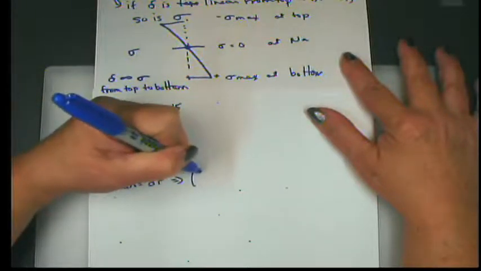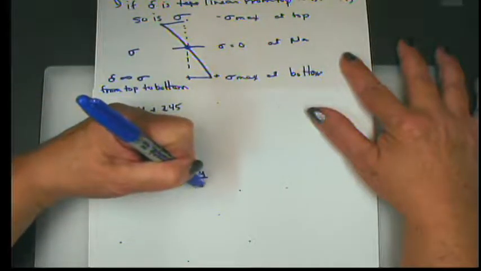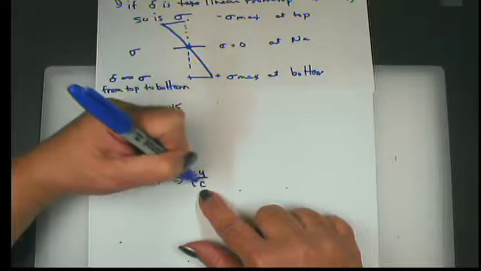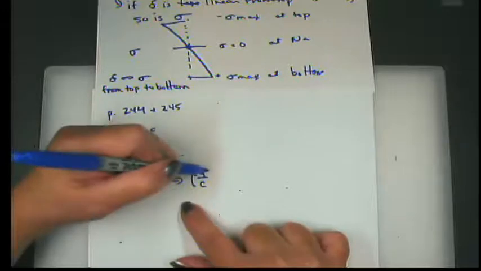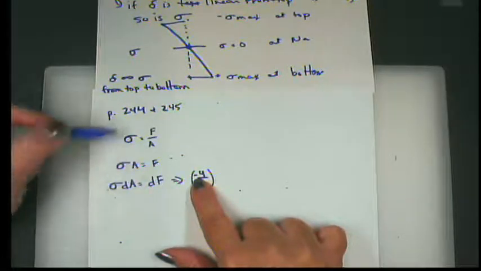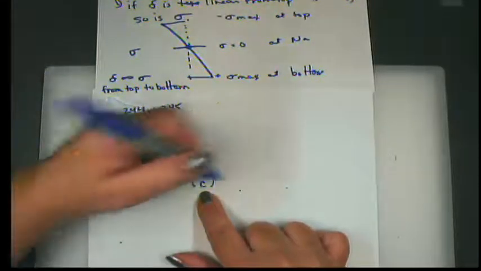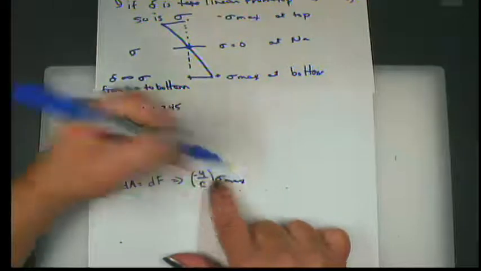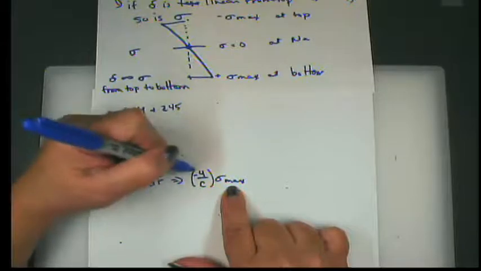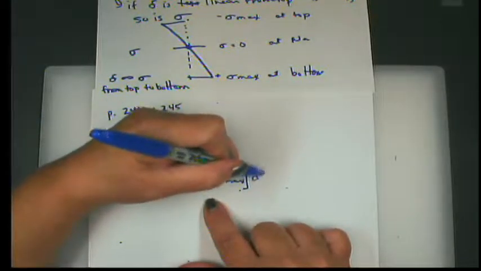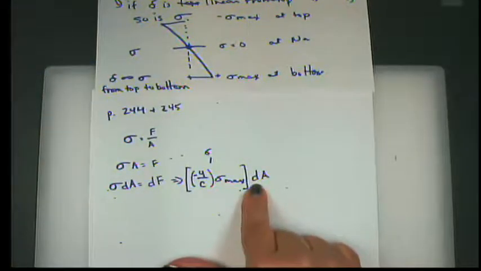So we can say sigma, if we take the distance we are from the neutral axis, y, to the entire c, that would be neutral axis to the top or neutral axis to the bottom, and add a negative sign because we know that on the top, when y is positive, sigma is negative and vice versa. Multiply that by sigma max. Then we have that linear proportion across the cross-section. And if we multiply all of that by dA, because this is sigma right here, so sigma times dA.